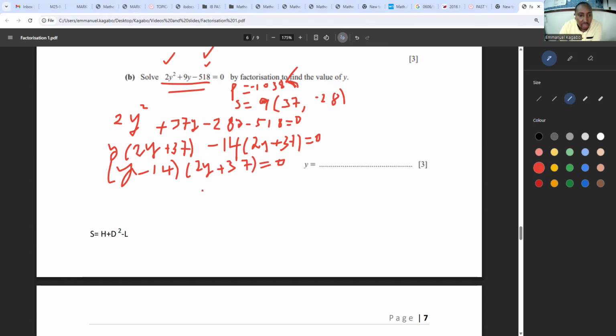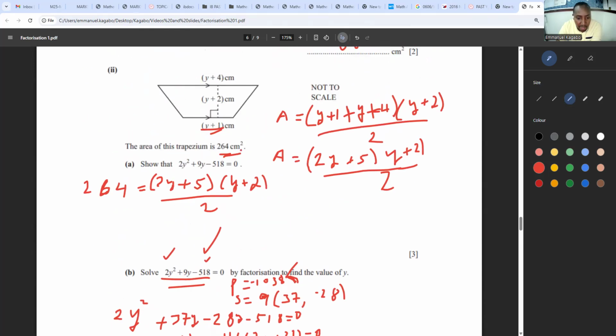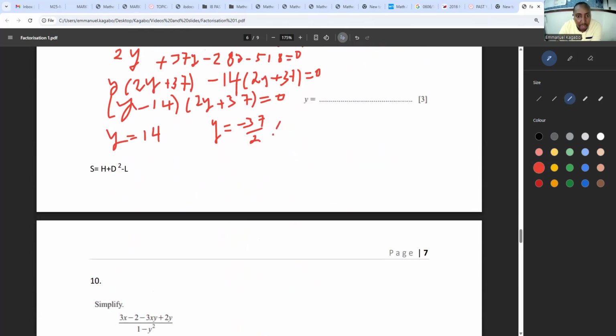Because I know I'm teaching smart students, each of them will be equal to 0. So y will be equal to 14, and here y will be negative 37 over 2. But this is a real life question because we're talking about the height of a trapezium, so y can never be this. So the only value of y here is 14.